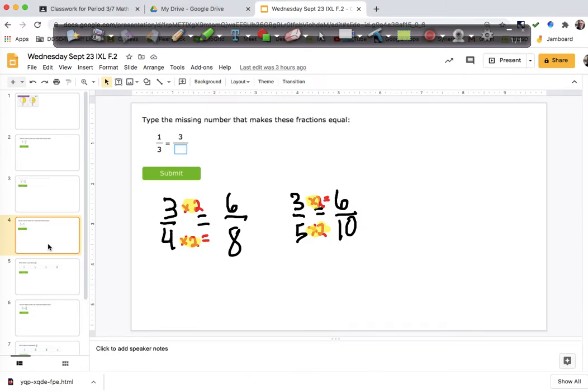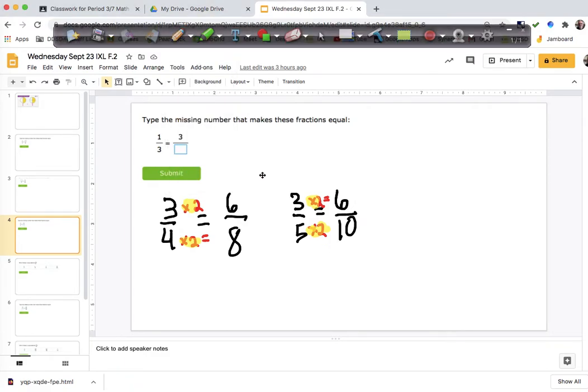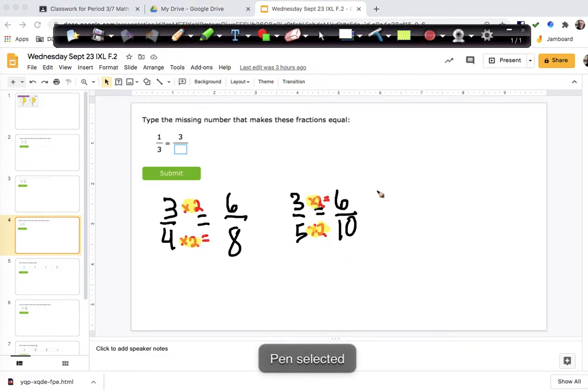Next example was kind of interesting. It could be a little bit confusing the way that it looked. It was because the 3 was in the denominator on one side and the numerator on the other, so 1/3 equals 3, and then we had to find that denominator of the second equivalent fraction.